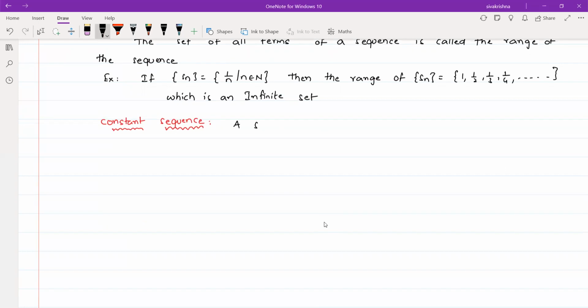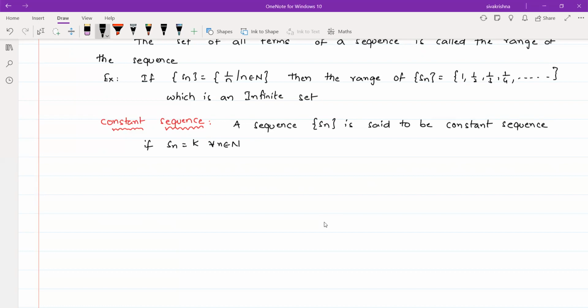Coming to the definition, a sequence Sn is said to be a constant sequence if Sn is equal to k for all n belongs to N. It means S1 is k, S2 is k, S3 is k, S4 is k, all the elements.